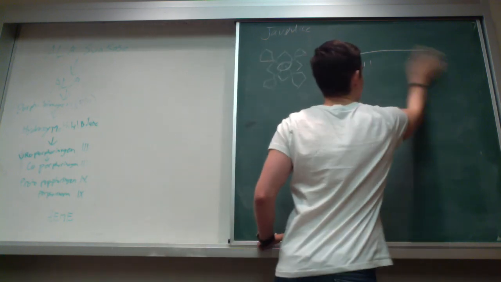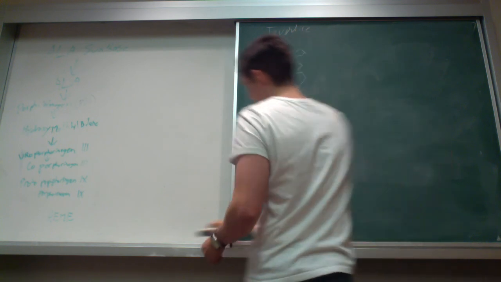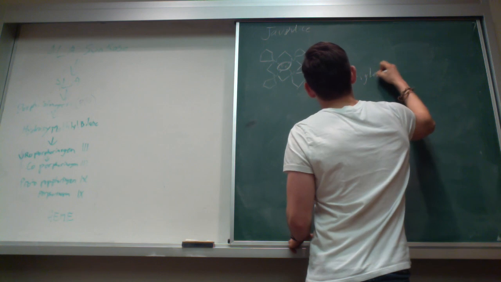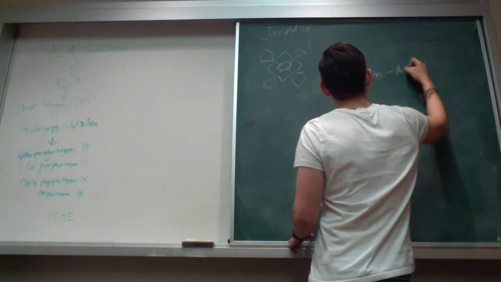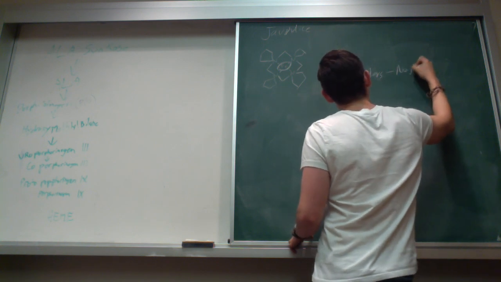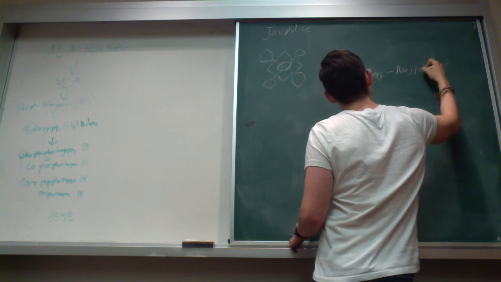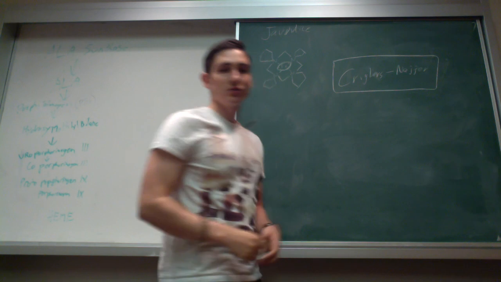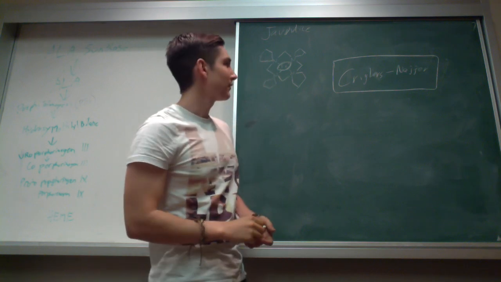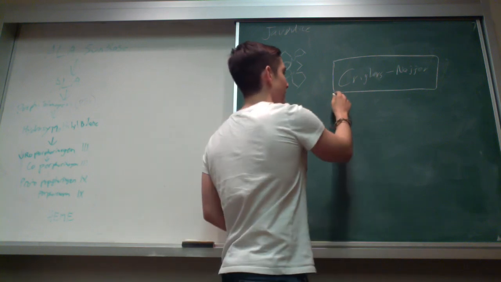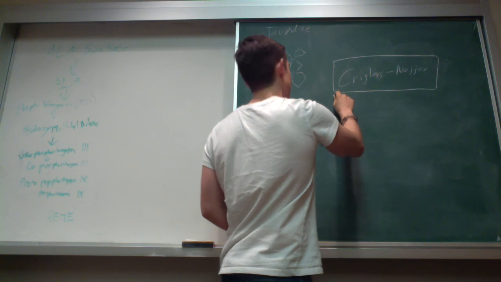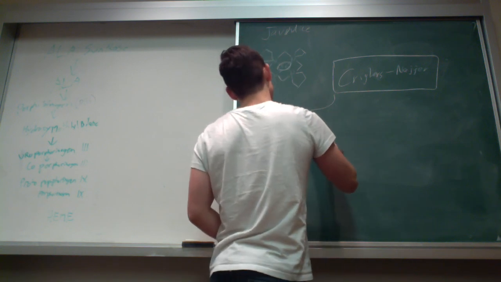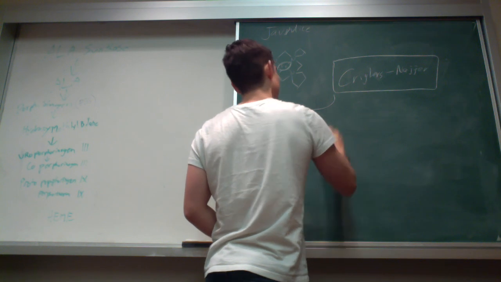A more serious disorder that you'll see is Crigler-Najjar disease, and this shows up in neonates, and this is similar to Gilbert's disease, except in this case, the unconjugated bilirubin can cross the blood-brain barrier, and there it can cause brain damage.